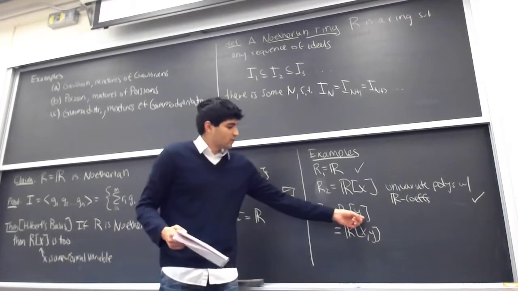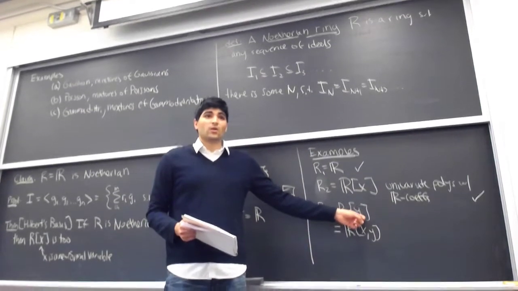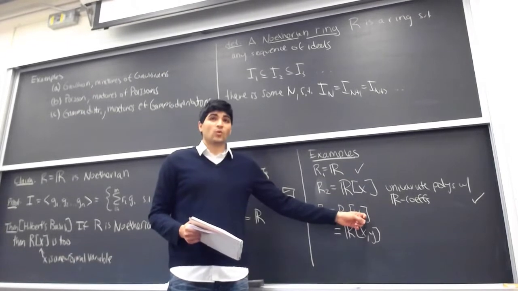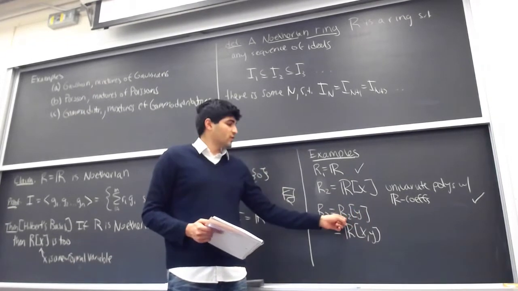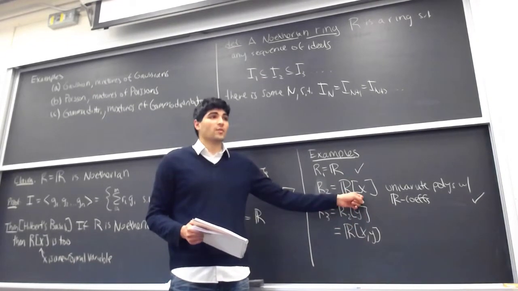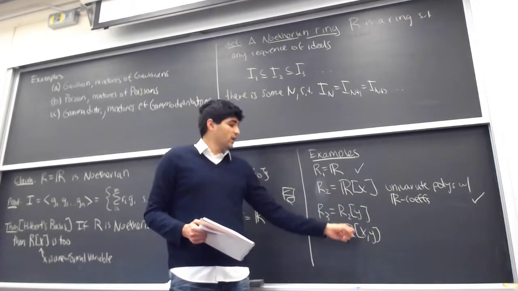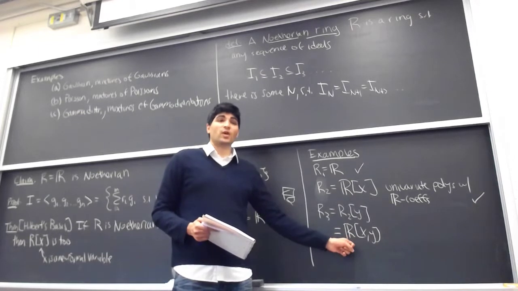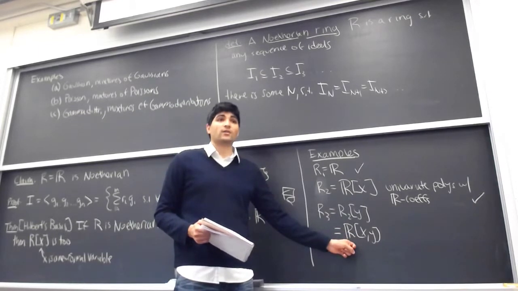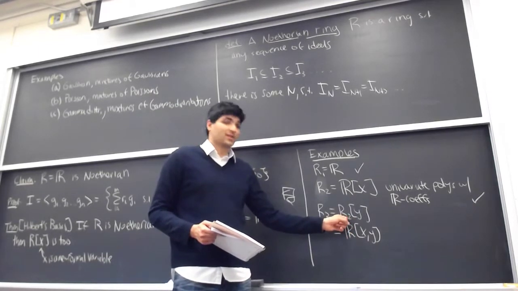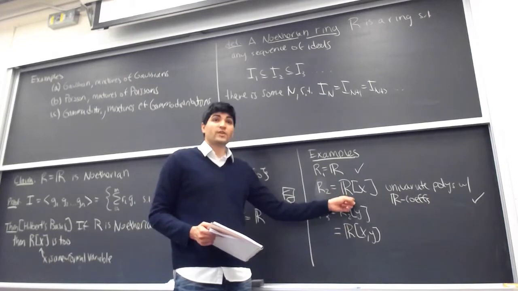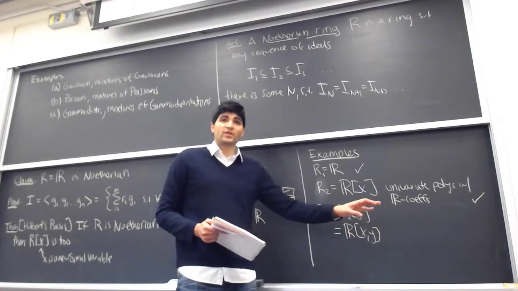This is the ring of polynomials with variables y, and its coefficients are themselves univariate polynomials, which are polynomials in x. So what I get out at the end of the day are bivariate polynomials in x and y, because the coefficients in this ring R2 come from this ring over polynomials. So I can build this up and go to x, y, z, and so on.